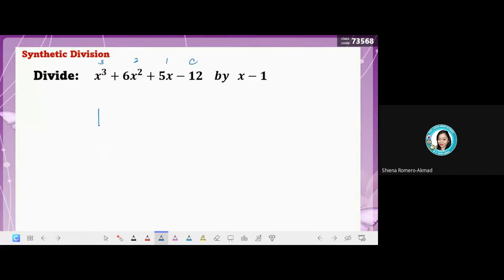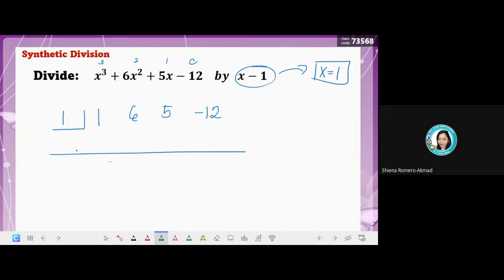All we have to do is to copy the numerical coefficients, 12. And then divide it to the variable x or the value of x. And yung value ng x natin dito is x equals positive 1.